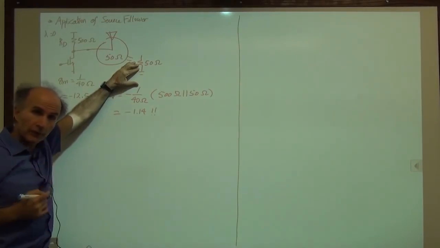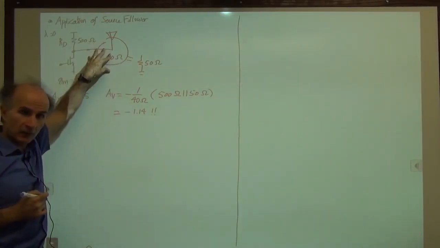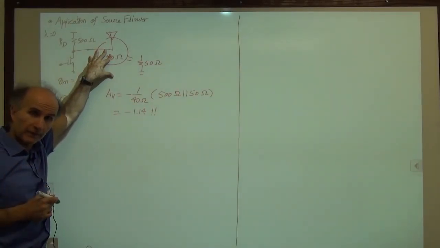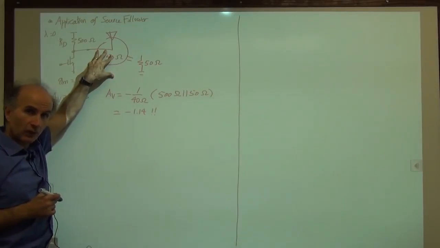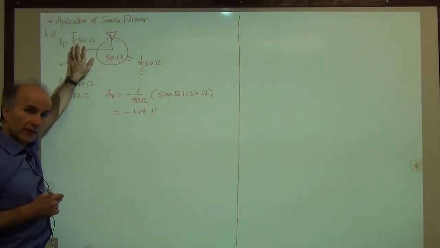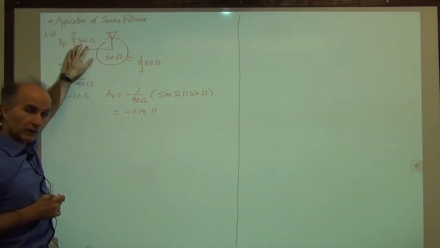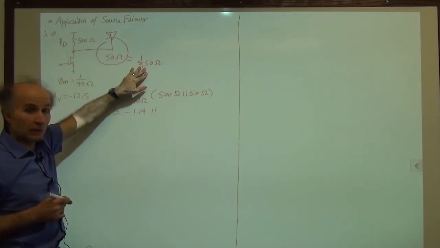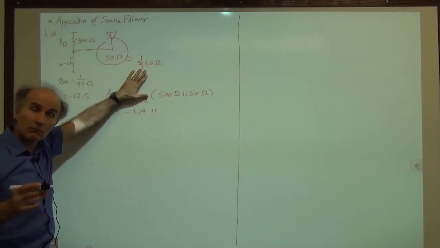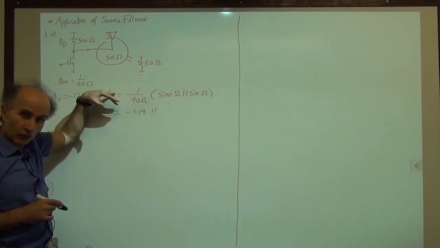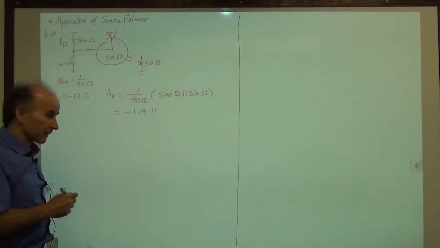So we can try to place some buffer stage between these two. And the source follower would be a good buffer in this case. A buffer is a stage that tries to not load this guy so much, meaning that it wants to keep the gain of this circuit intact, and yet be able to drive this load with some moderate gain or some moderate attenuation. So let me draw this and I'll show you what happens.